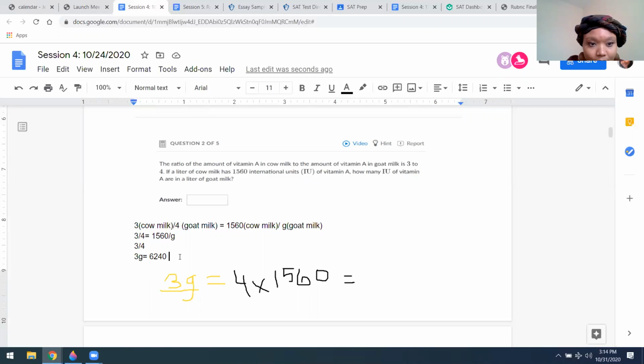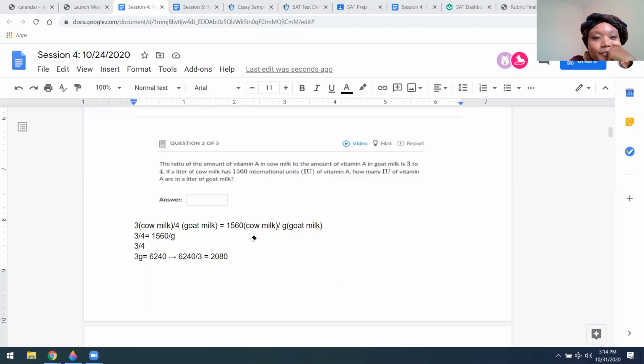So you would divide 6,240 by 3. And then when you do that, you get 2,080. That's right. Thank you for telling me about the annotate, guys. Appreciate that. Yep, that's right.